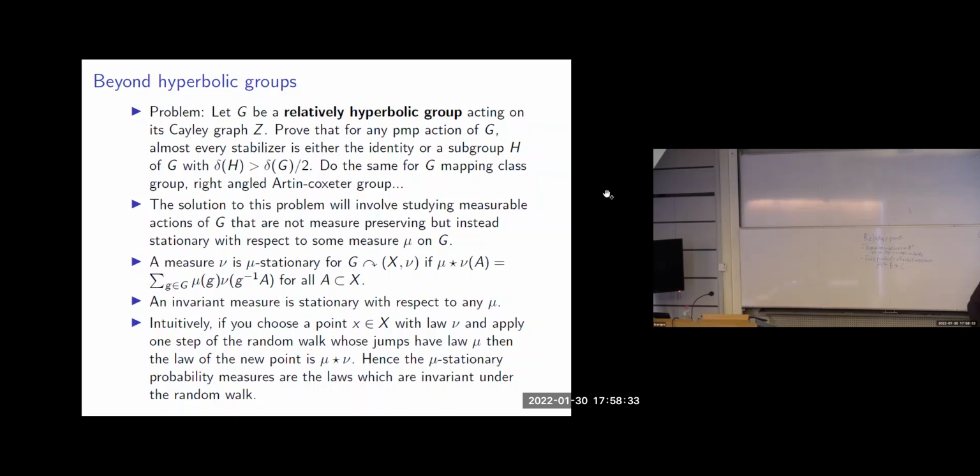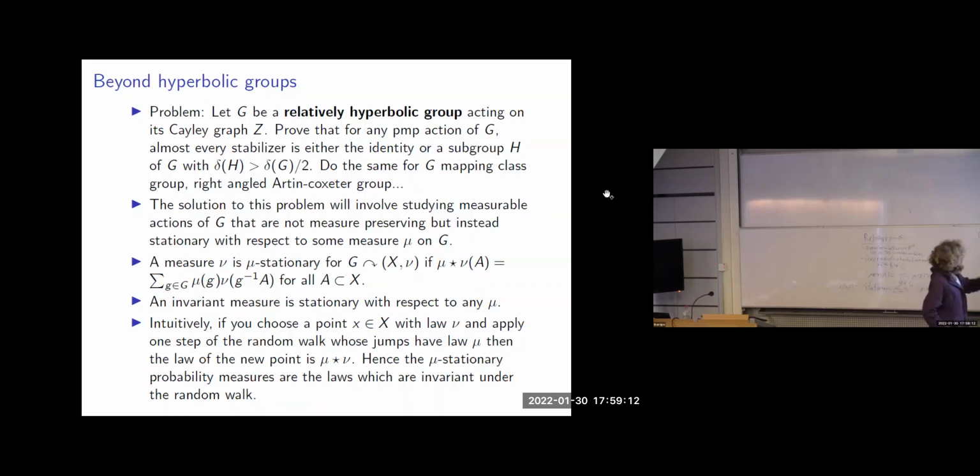So this convolution is the definition: the sum over g of mu(g) times nu of g inverse of A. So nu is mu-stationary if mu star nu is equal to nu.